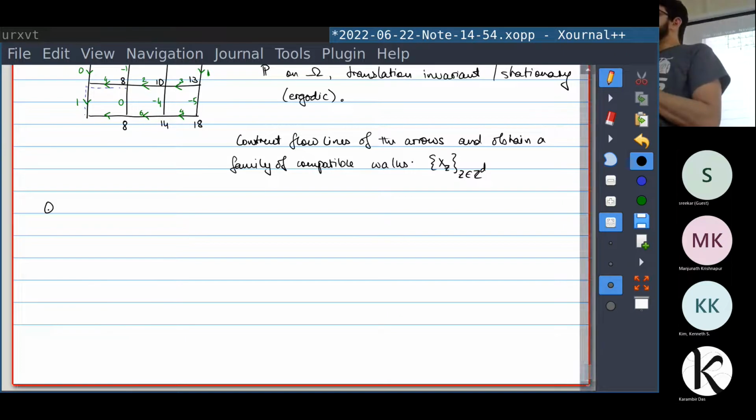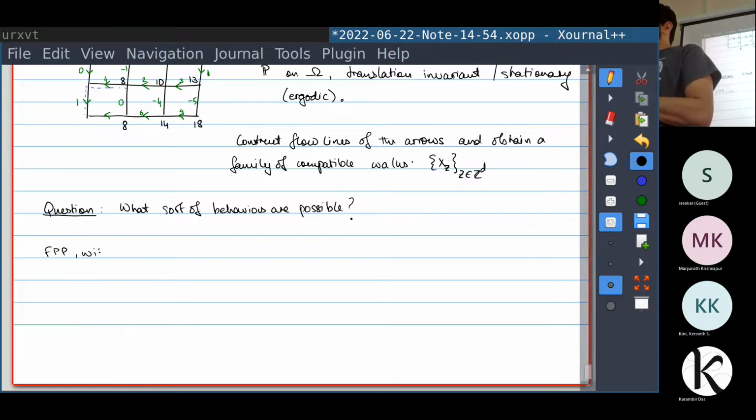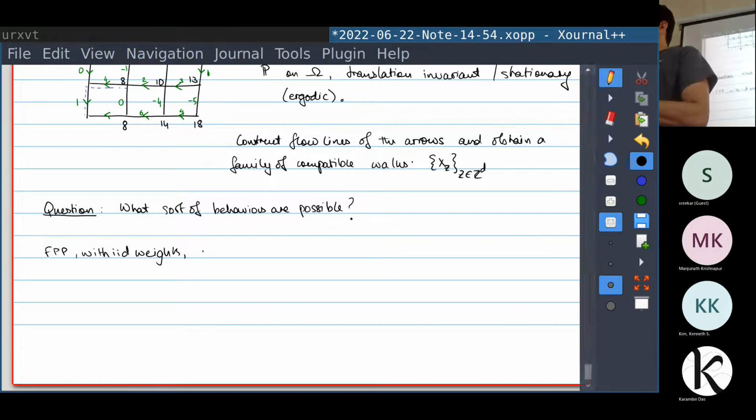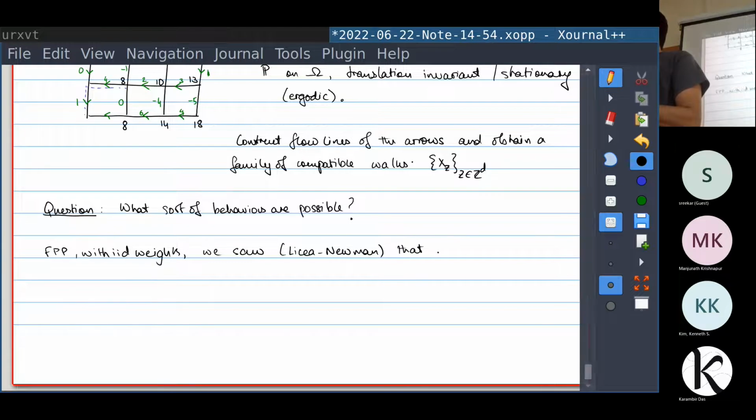So my question is, what sort of behaviors are possible? So in FPP with IID weights, we saw, due to Licea and Newman, that geodesics must coalesce almost surely.